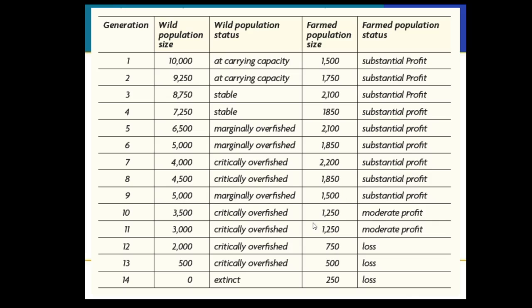So actually I'm going to flip ahead and show you this graph, and then we'll go to a graph to show the profit section. So if you think about the wild population, you see that it starts dropping off, and if we think about what does that mean for the population, within 4 or 5 generations we're into overfished territory, and in this simulation by generation 14 we were extinct.